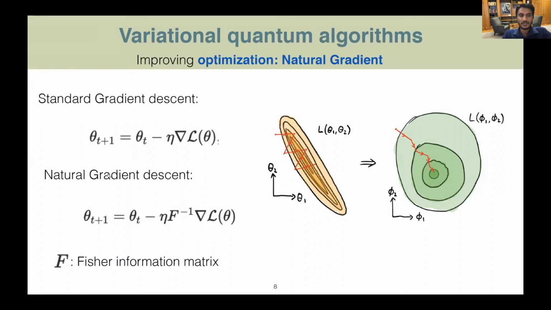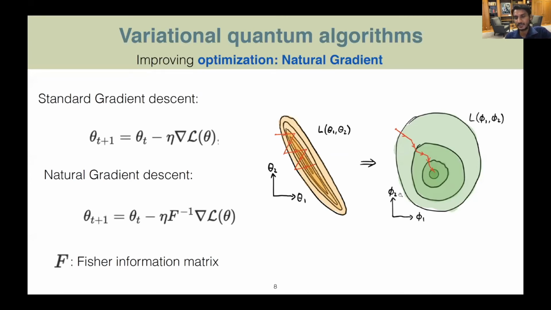Then came the natural gradient descent method, where one says, instead of just taking steps like one would in Euclidean geometry, why don't we use information about how theta 1 and theta 2 might be related with each other.